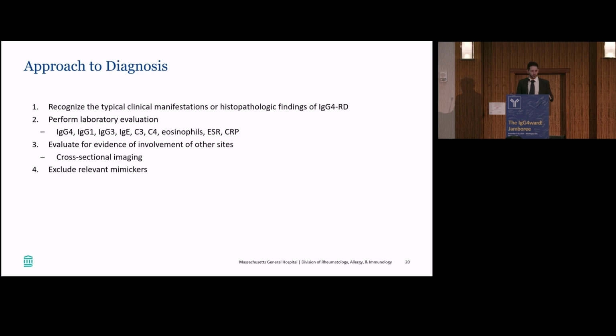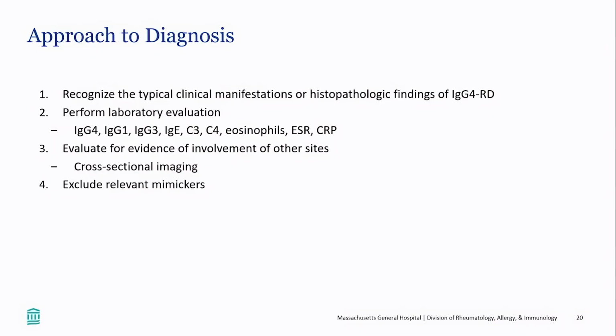Putting that into slightly more concrete terms, the way we approach the diagnosis is first, we need to recognize the typical clinical manifestations or biopsy findings, histopathologic findings of IgG4-related disease in one of the typical organs that are involved. We do a laboratory evaluation. We look at things like the serum IgG4, the complements, the eosinophils, all of those other things that I mentioned before.